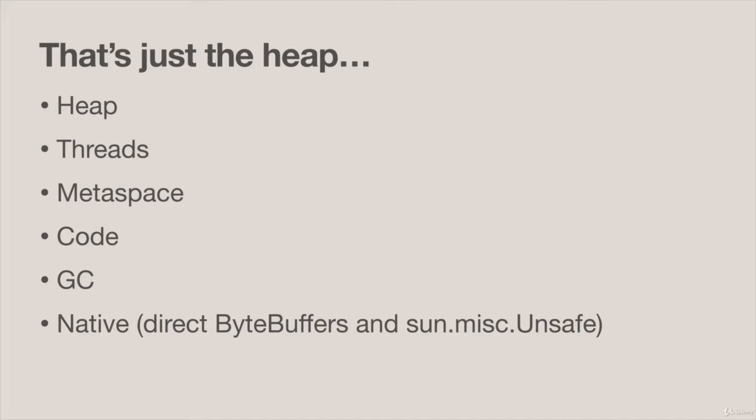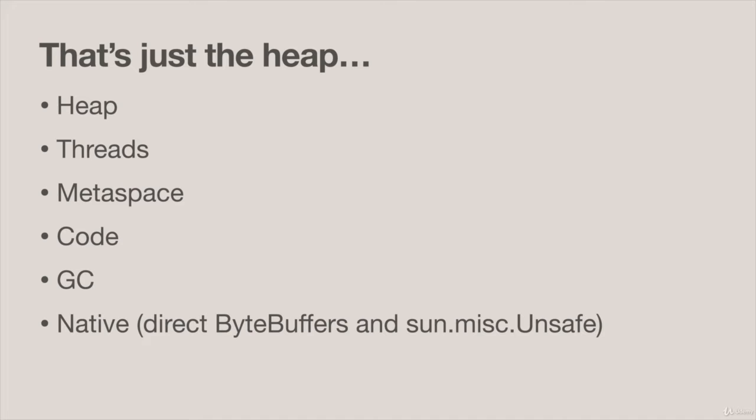The reason that you might have to do that is the memory that your JVM uses is not just the heap. It's also threads and metaspace and code, and the garbage collector uses memory, as well as your application might allocate native memory, both via byte buffers or via Sun Misc unsafe.